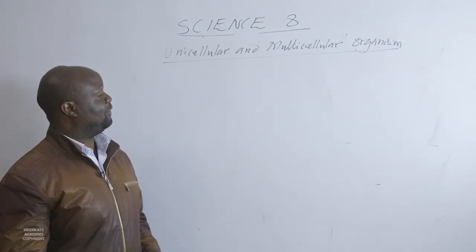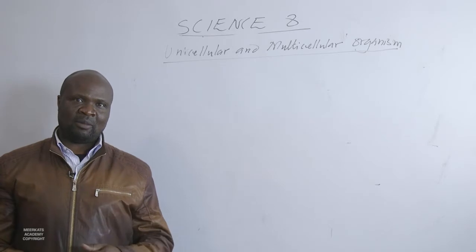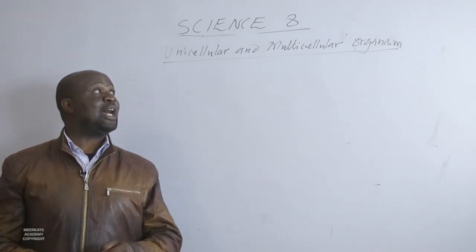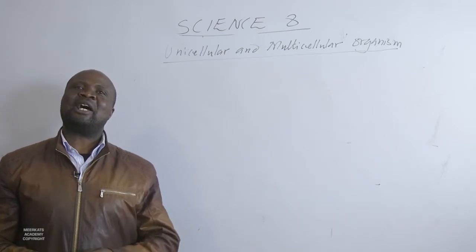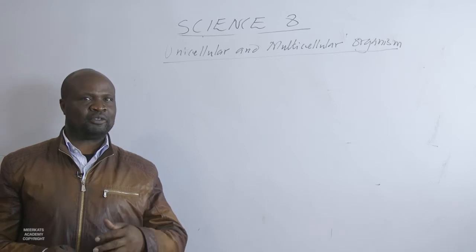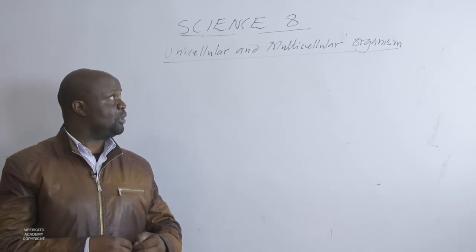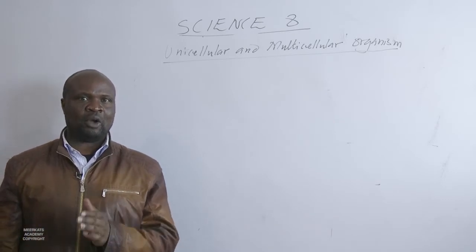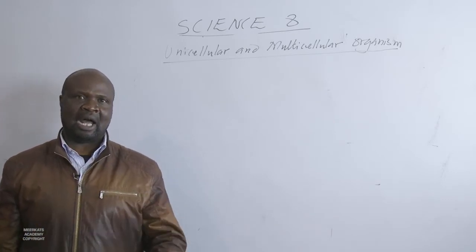We are saying plants and animals are made up of billions of cells, and all these billions of cells are working for the survival of that particular plant and animal.